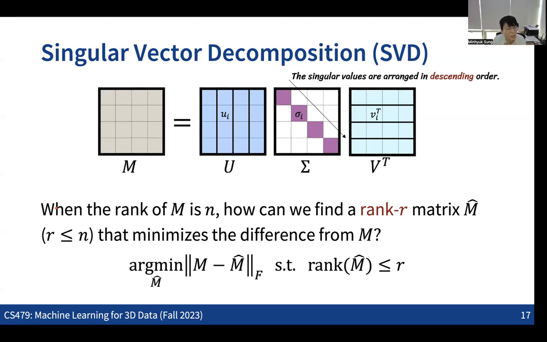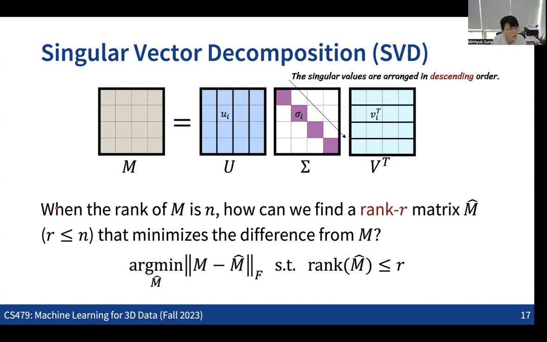Let's assume that we sorted all the singular values in sigma in descending order, so the first one is the biggest value, the second one is the second biggest, and so on. So we have these U, sigma, and V transpose matrices, and the given matrix M is represented as the multiplication of these three, right?